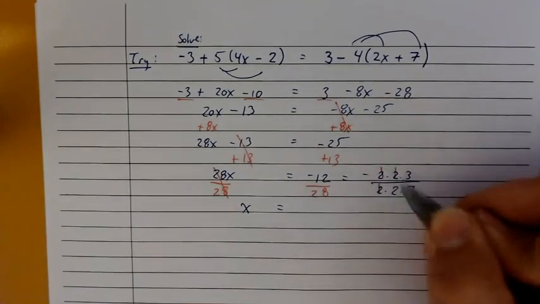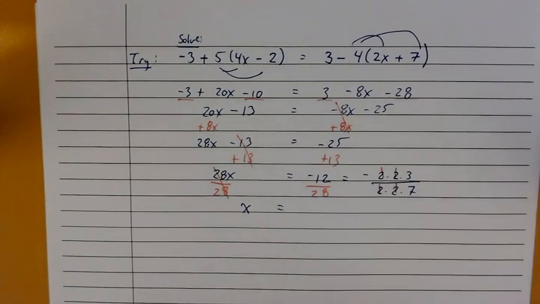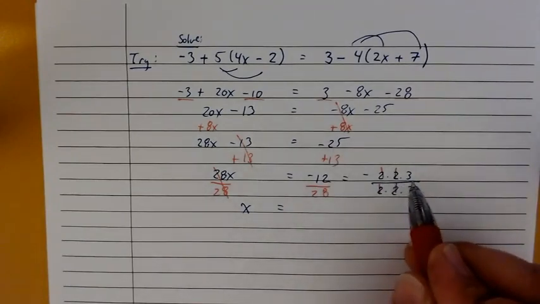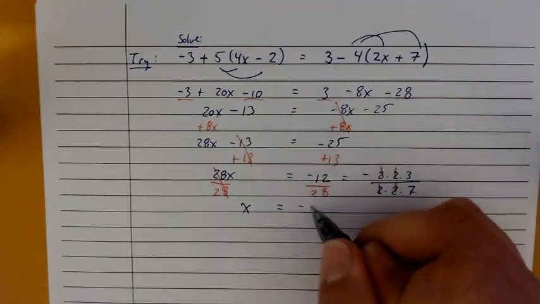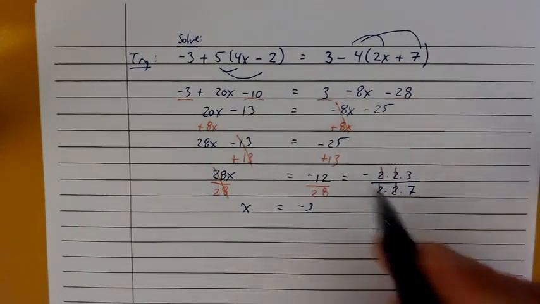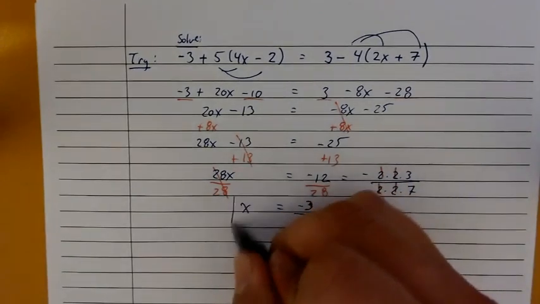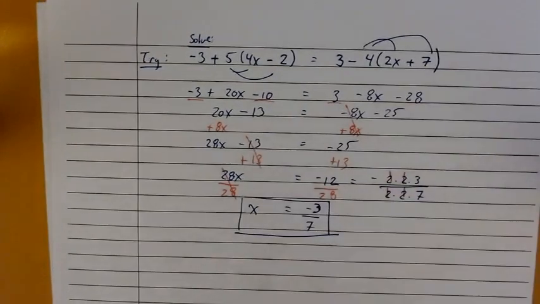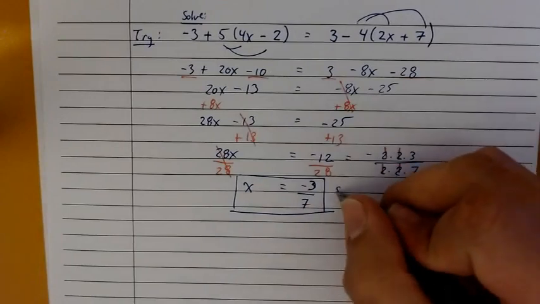And now you notice that these 2's divide out. 2 divided by 2 is the number 1. 2 divided by 2 is the number 1. So right here, that's 1 times 3 is 3. Don't forget your negative. On the bottom, 1 times 7 is going to be 7. So in the end, we have x equals negative 3 over 7, negative 3/7 as our solution.